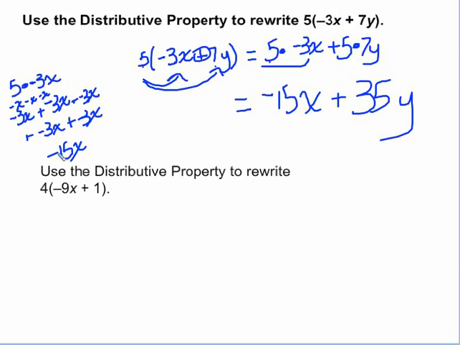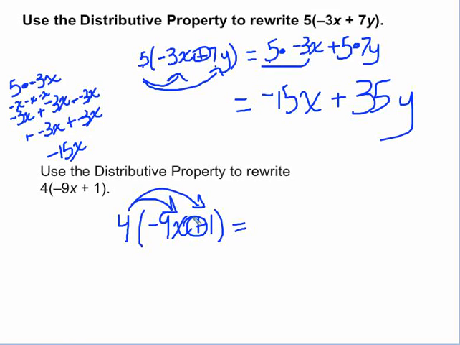And again, at this point, if you feel confident enough to pause the video and try ahead of me, that would be perfect. All right, so I've got 4 times the quantity negative 9x plus 1. So I know I'm going to distribute, and this time I drew my arrows above the problem. You can either draw them below or above the problem, whatever's more comfortable for you.